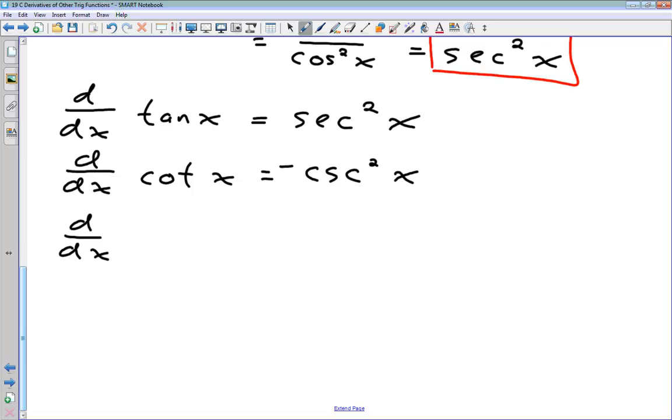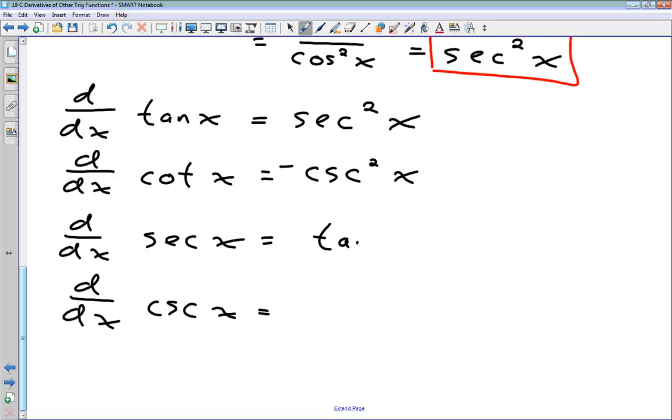The two other ones we have to learn are the derivative of secant and the derivative of cosecant. Well, the derivative of secant is tan x secant x, okay? So when we did the derivative of tan x, we ended up with secant. Tan and secant always go together. So when we're doing derivative of secant, it's tan times secant.